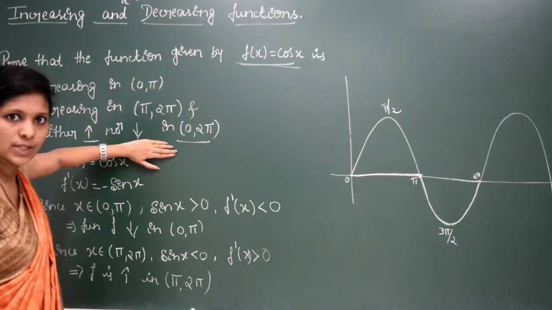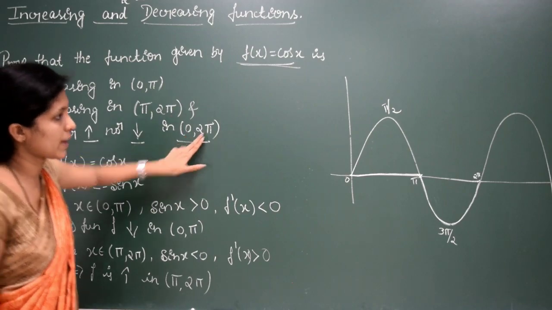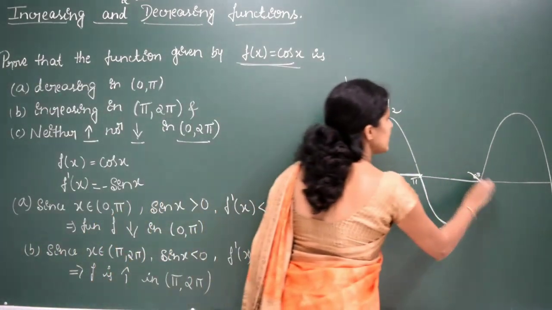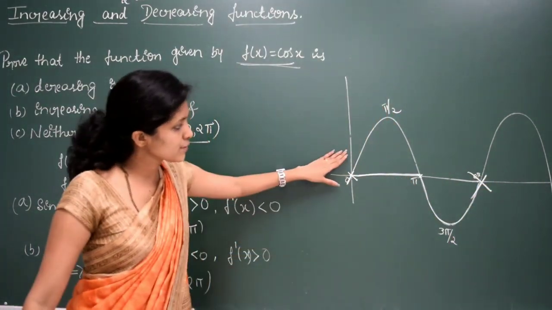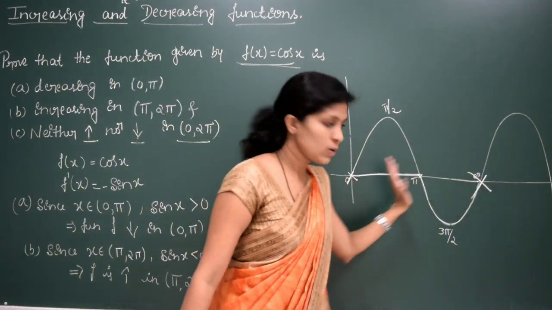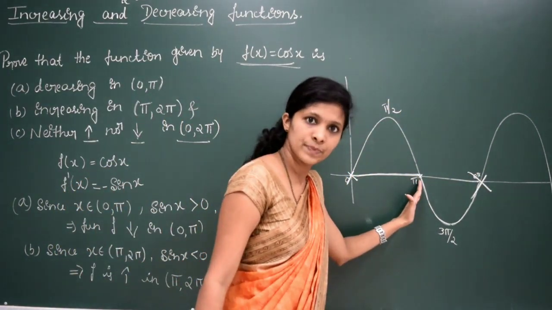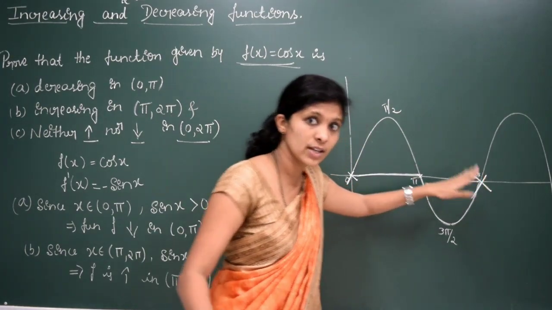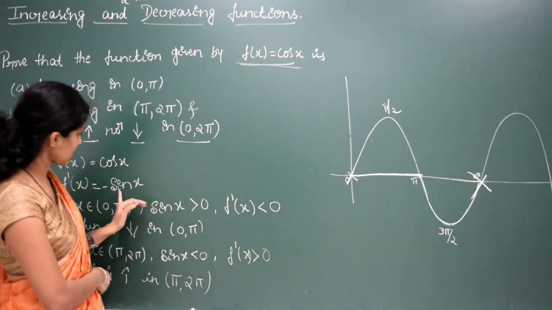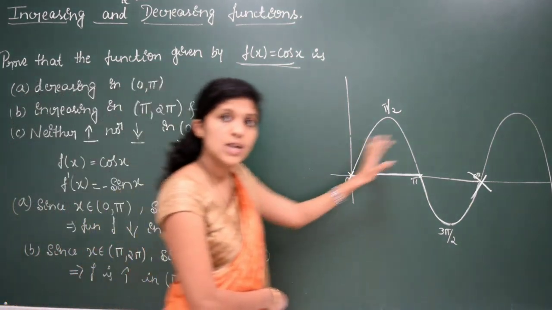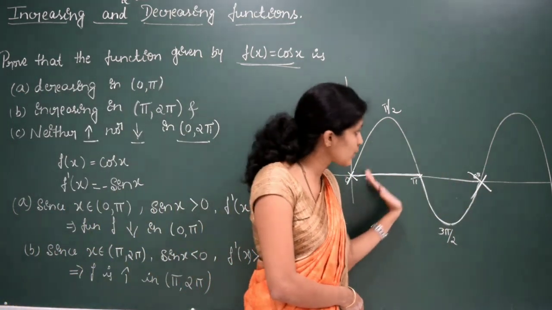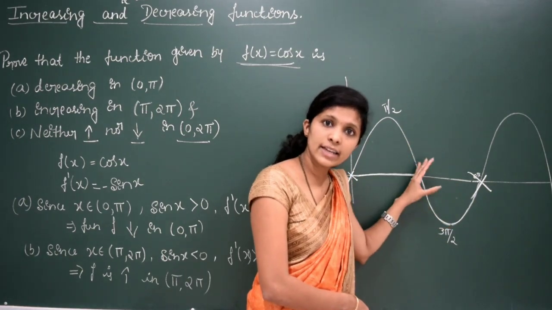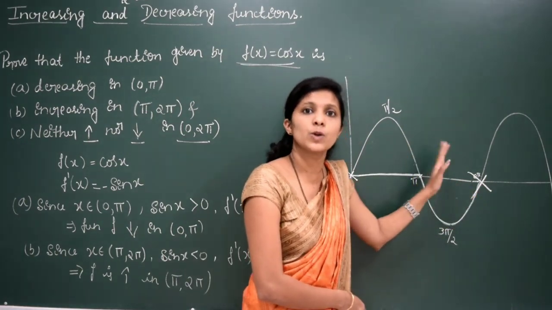Now you have to prove this one. It is from 0 to 2 pi, from here to here. Is it clear? The function is from 0 to 2 pi. So from 0 to pi it is decreasing, right? From pi to 2 pi, which function? This one. Is it clear? This minus sin function. So the function from 0 to 2 pi is neither increasing nor decreasing because both are included.